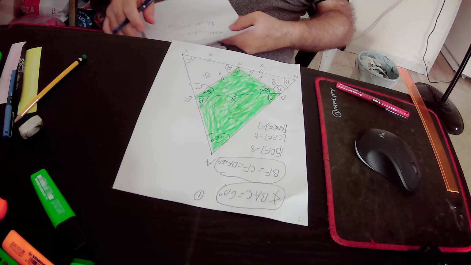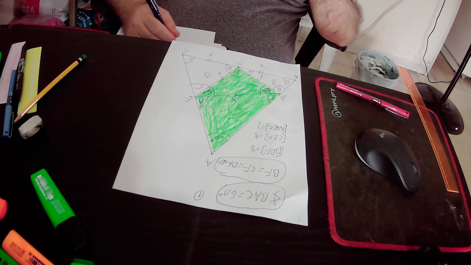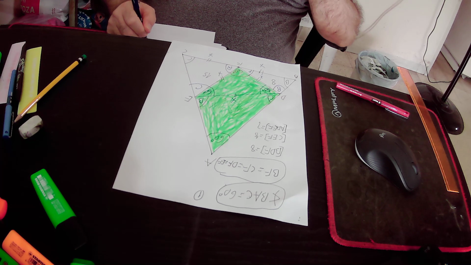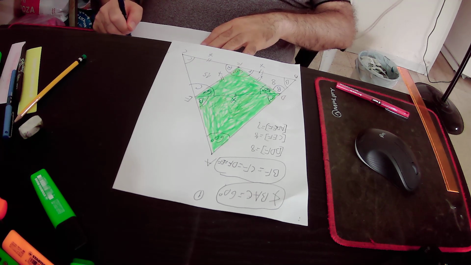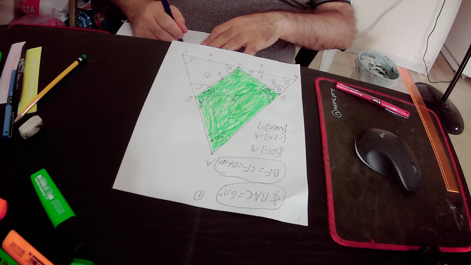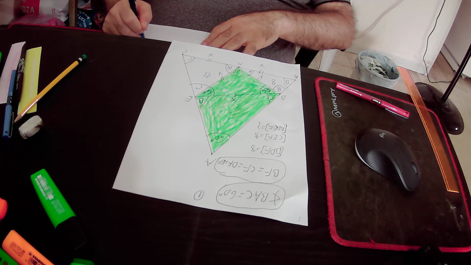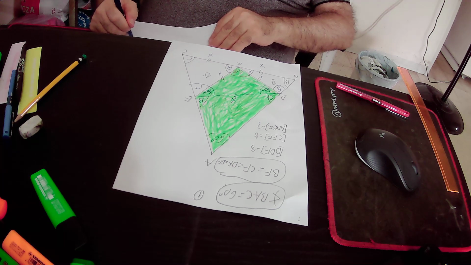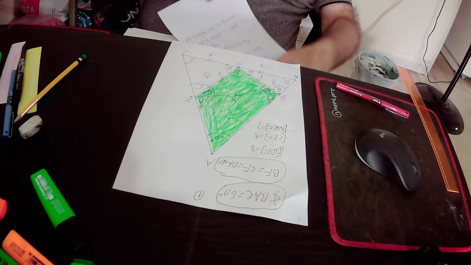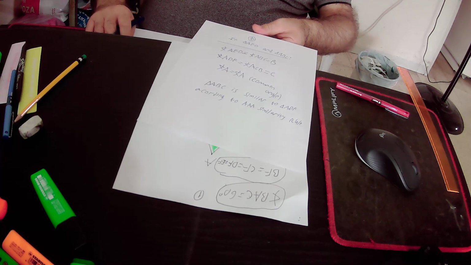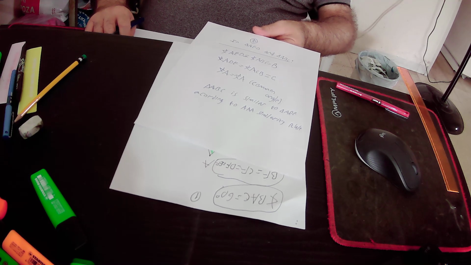Okay, so triangle ABC is similar to triangle ADE according to angle similarity rule.